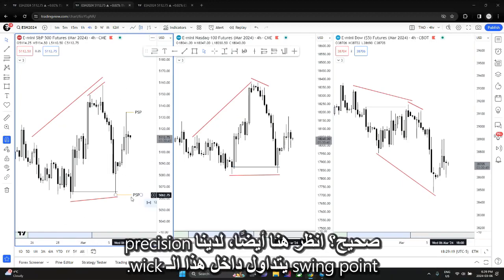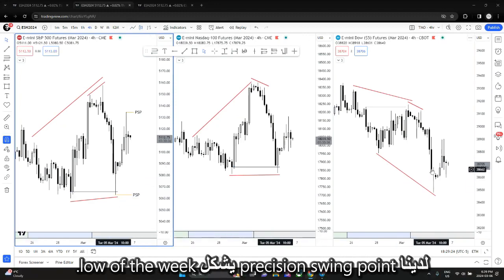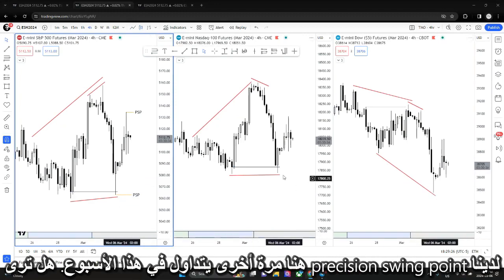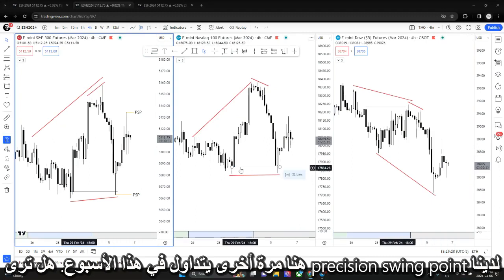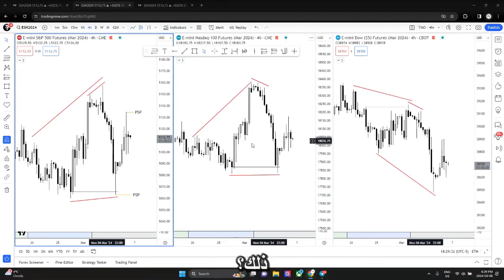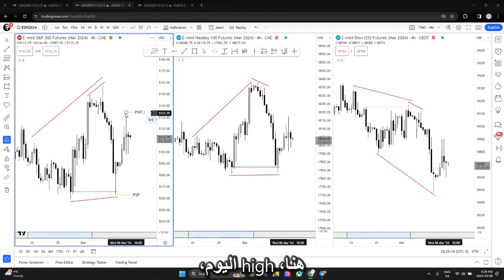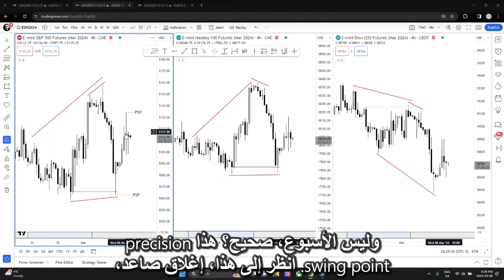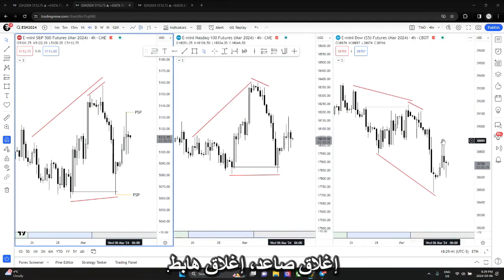Also, look here. We have a precision swing point trading into this wick. We have a precision swing point forming the low of the week. We have a precision swing point here again, trading into this wick. You see that? Right here, the high of today, not the week, this is a precision swing point. Look at this. Up closed, down closed.